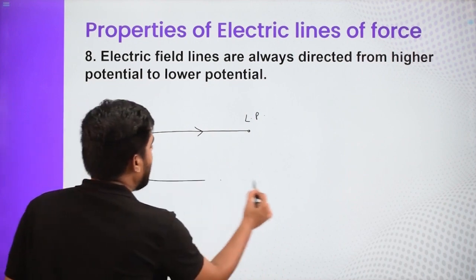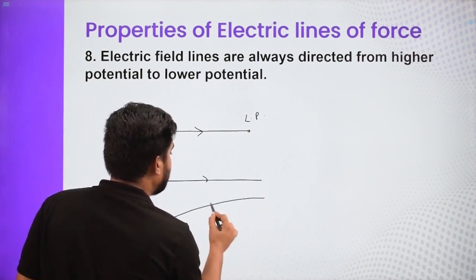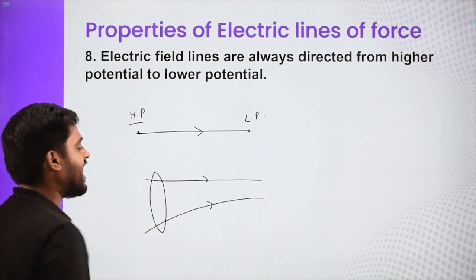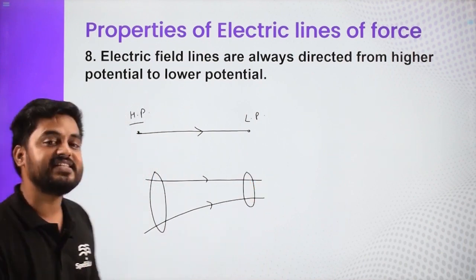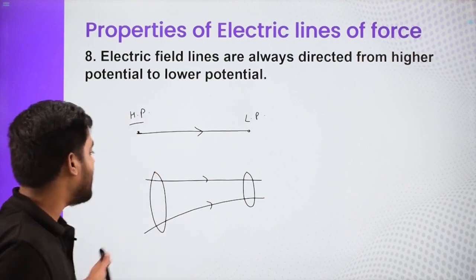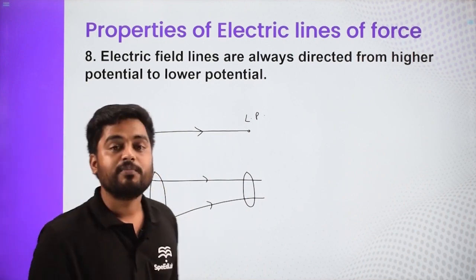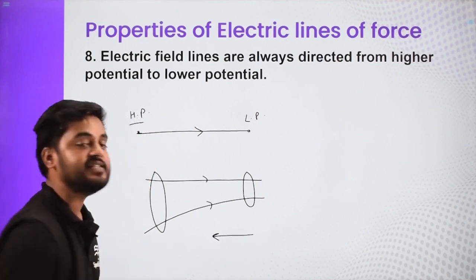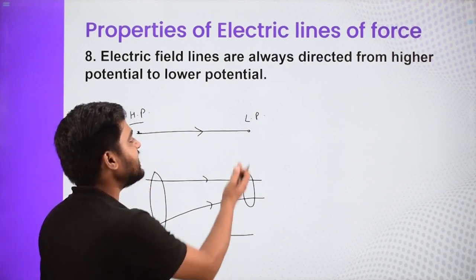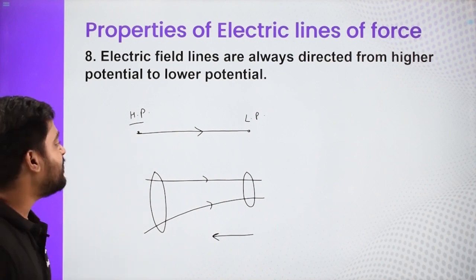So if we are going along the direction of the field line, then this region has higher potential and this region has lower potential. This indication is given by electric field lines: when we move in the direction of the electric field, potential decreases. If we go in the opposite direction of the electric field lines, then potential increases as we are moving from a point of lower potential to higher potential.